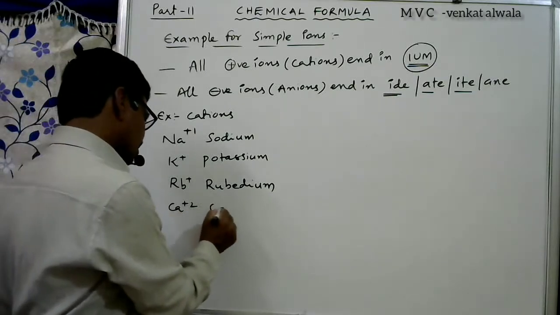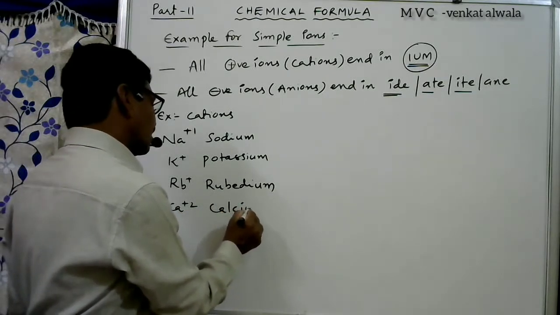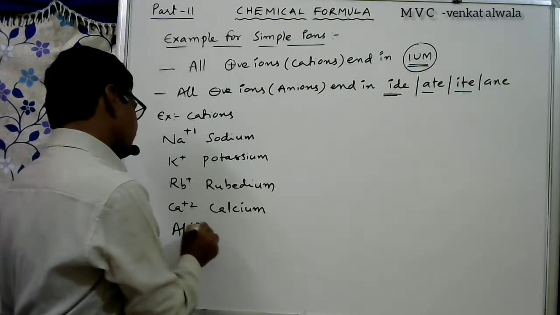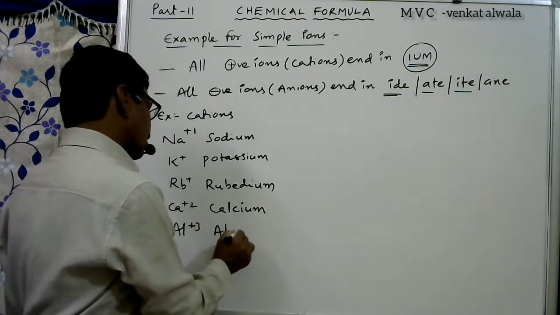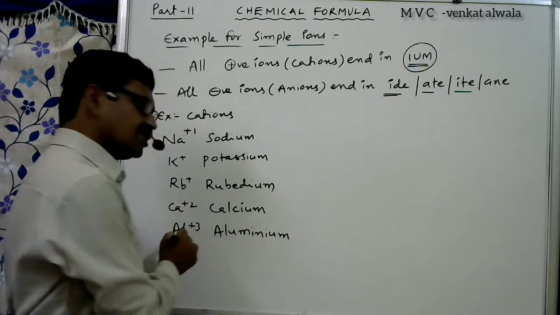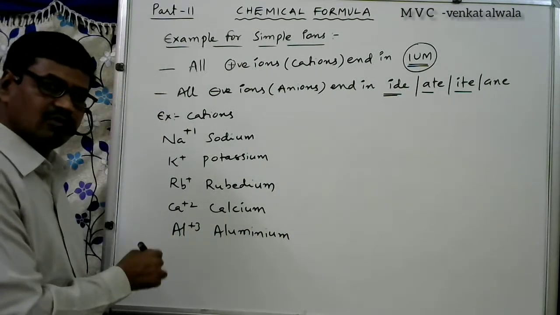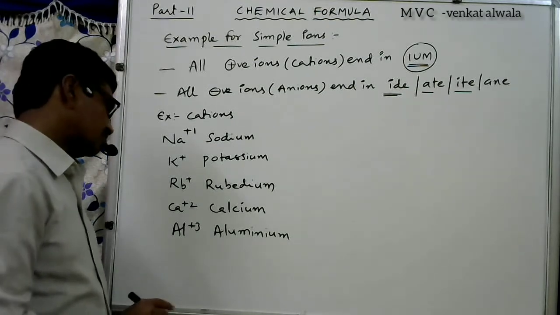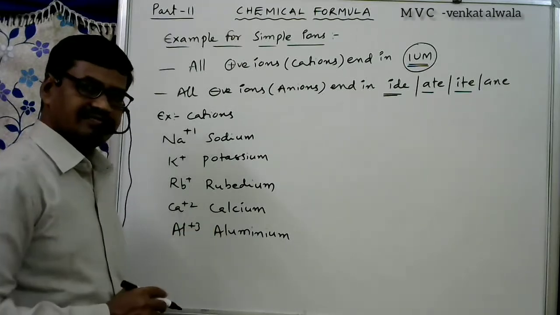So this is calcium. Then aluminium, Al plus 3 ion, because 13 electrons are present. After removal of 3 electrons, we will get the stable electron configuration of neon. That many ions we can write.